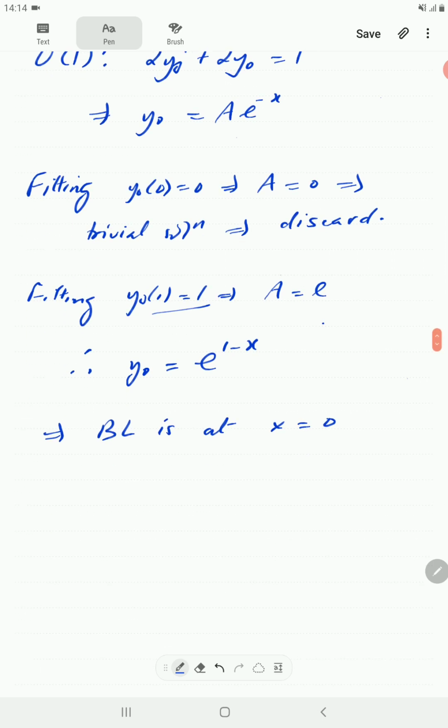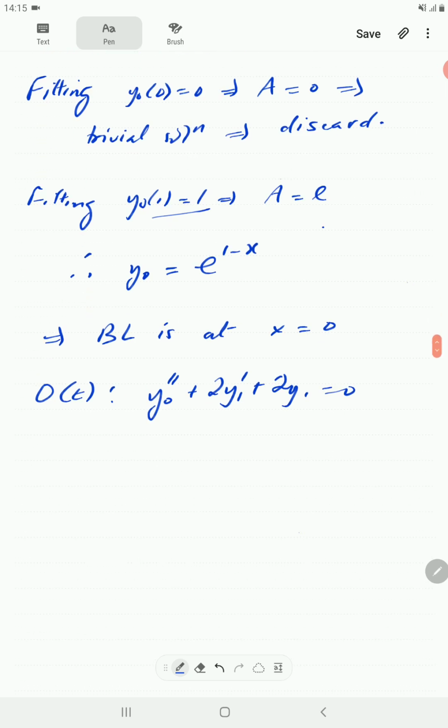Okay, then if we continue with our outer solution at order epsilon, the governing equation is going to be y naught double prime plus 2y1 prime plus 2y1 equal to 0. If we plug in y naught here and rearrange, it's going to give us y1 prime plus y1 is negative 1/2 e to the 1 minus x.